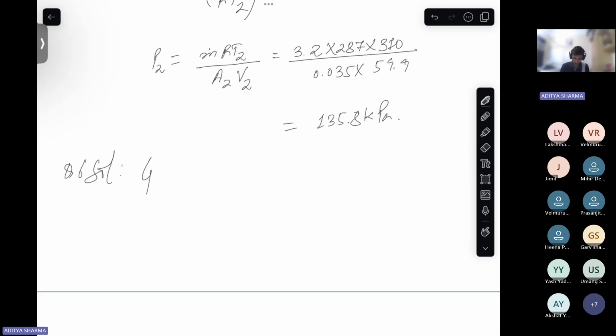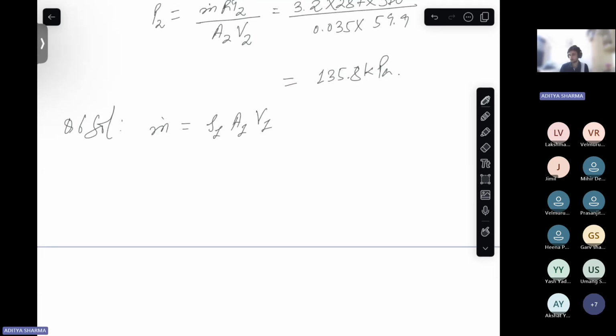So first we'll write down whatever is given to us. Or maybe we can directly jump to your continuity equation. Okay. So whatever is given, we shall see that. Rho1 A1 V1, right? Mass flow rate we have to find out.